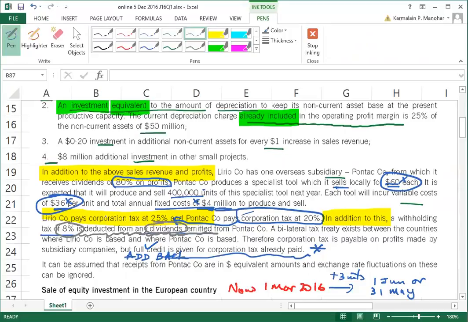So we have to find the dividends first and then take away the 8% because it's deducted from the dividends. So we're going to do the dividends and then reduce the dividends by the 8%. Are we okay there?